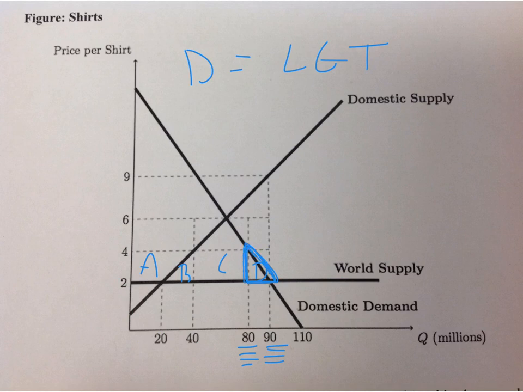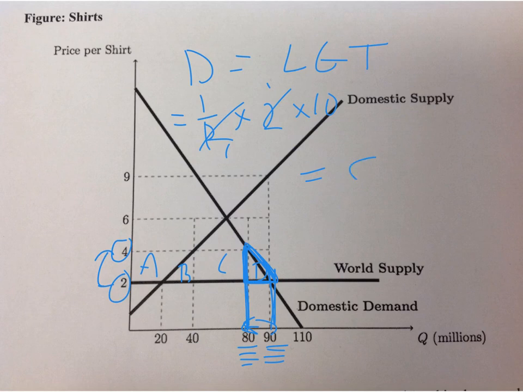We want to calculate that total area, so we have to remember our formula. Since it's a triangle, it's 1/2. What's our height? Like everything else, it's been $2, right? That's our tariff. And then what's our base? Well, our triangle starts here at 80. It ends here at 90. Those are the 10 consumers who are no longer buying the product who would have bought it before. So that's 10. Cancel out the 2's, and we get $10 in lost gains from trade.